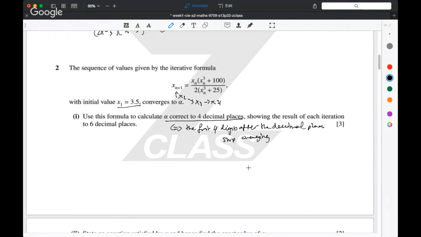I'm not going to do this here because this is just robot work, but you keep plugging in and writing down your answers, x1, x2, x3, and so on, until you notice that after the decimal point, the last 4 numbers do not change after a couple of iterations. It's getting more and more accurate, and you only need accuracy up until the first 4 decimal places. But you need to write them out to 6 decimal places for the examiners to see.